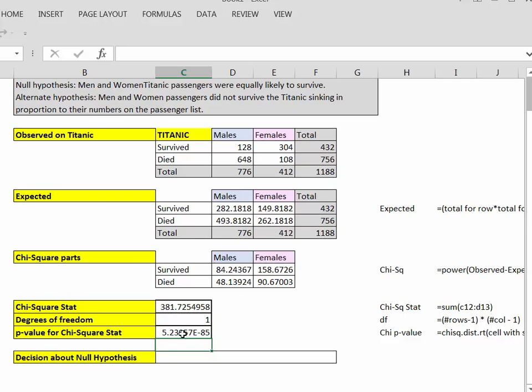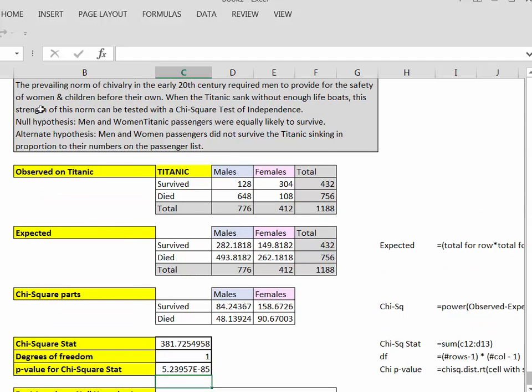So I'm seeing that the probability of getting this distribution, 128 male survivors out of 700 and 300 female survivors out of just 400, I would not get this distribution except in this extremely minute quantity of times by random chance.